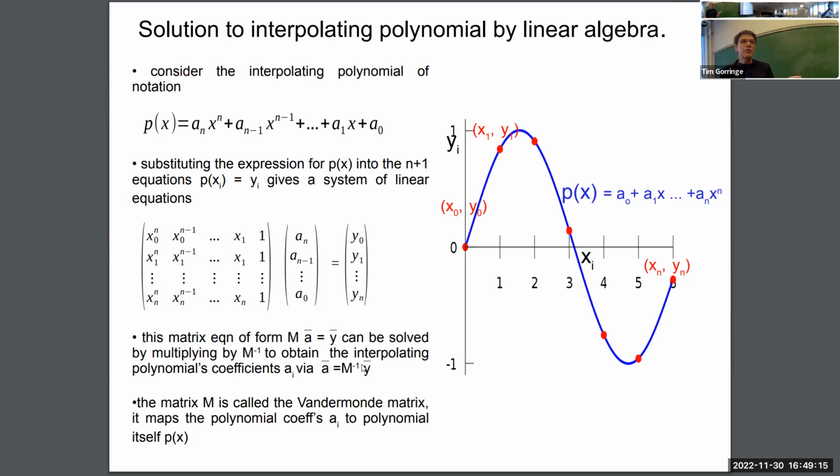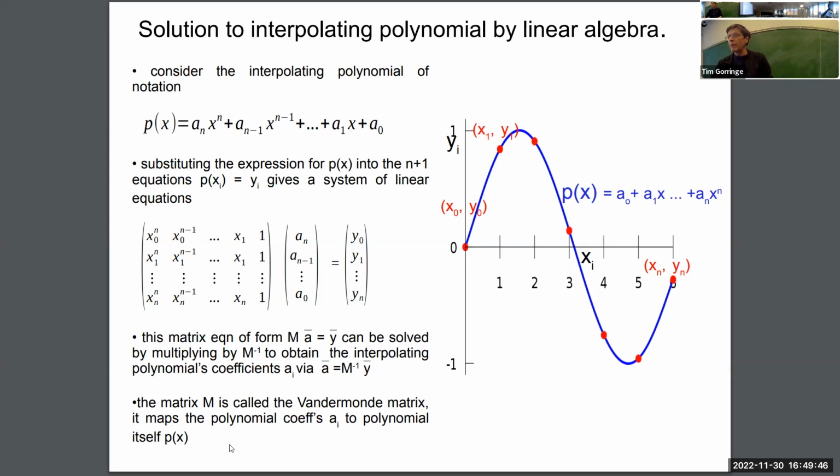So we'll go ahead and do that and see an application of that. This matrix comes up in interpolation, and it's called a Vandermonde matrix. But basically, if you've got that matrix, it plays the role of mapping the coefficients of the polynomial onto the values of the polynomial.